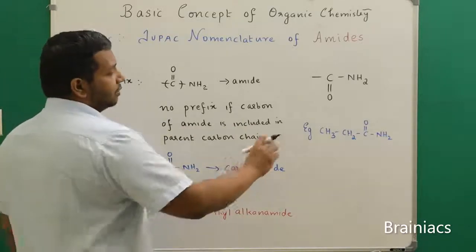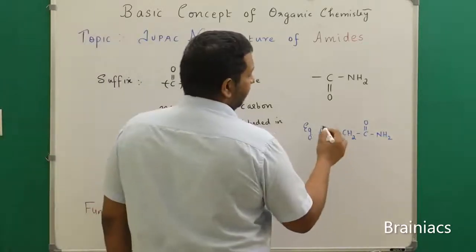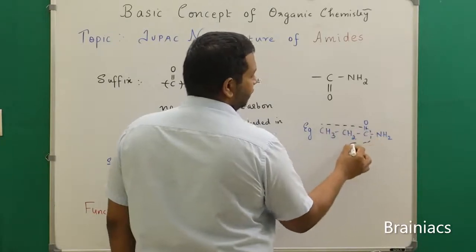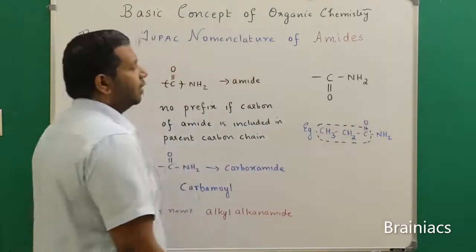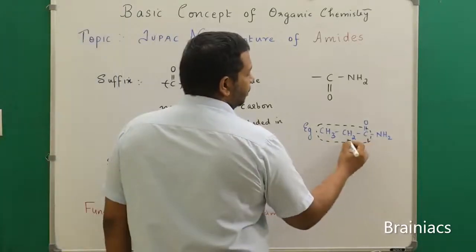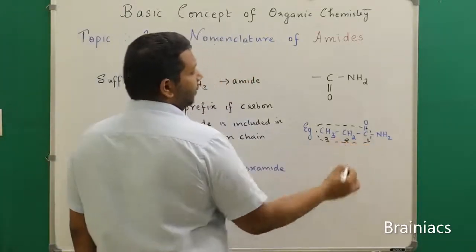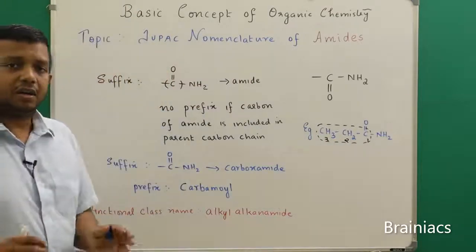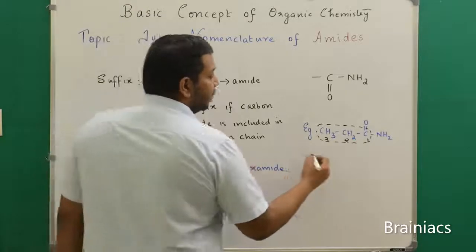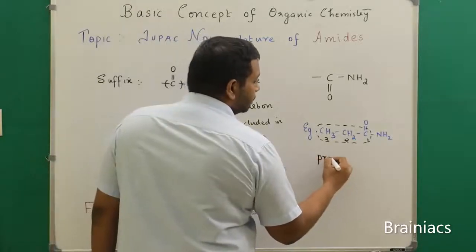Now if you look at this example, you can see here my parent carbon chain CONH2. So this carbon atom is included in the parent carbon chain. I am selecting it, correct? Now here I am numbering it, lowest number 1, 2, 3. Now tell me, the parent chain has how many carbon atoms? 3 are there. So I will use the word root prop.